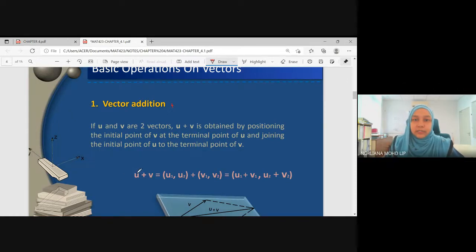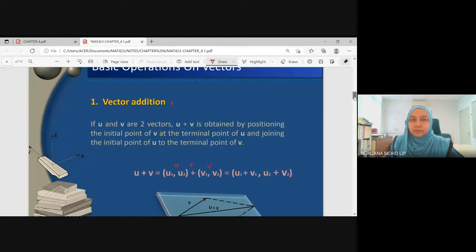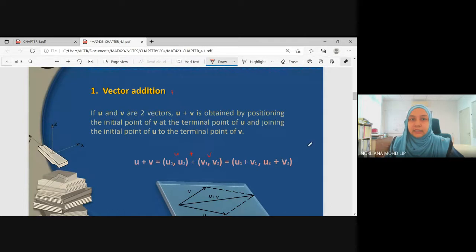Look at this equation. u plus v is equal to u1, u2 plus v1, v2. So u plus v is equal to u1 plus v1, and u2 plus v2. We just add these two vector, u plus v.